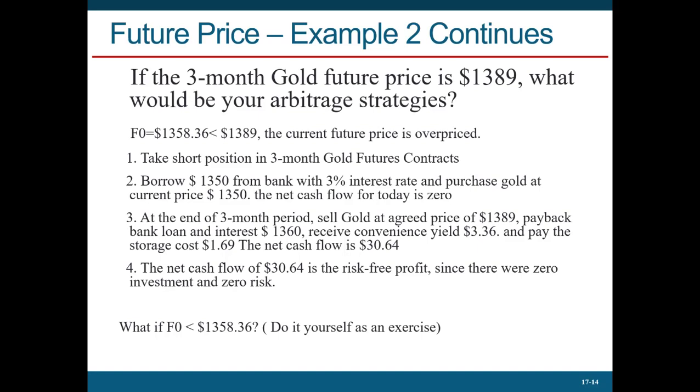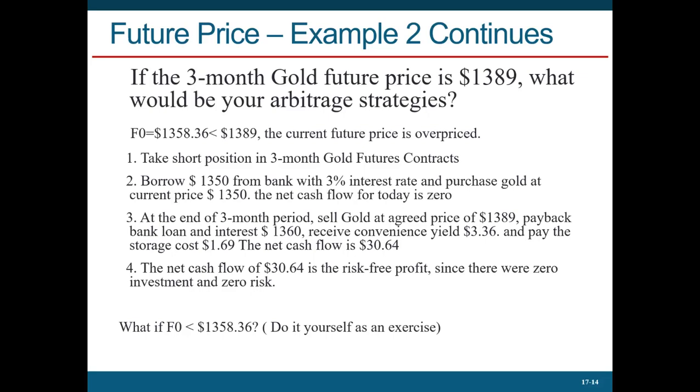Today you borrow money and buy gold, so you have the physical asset of gold, but you also owe the bank money. Overall, your cash flow for today is zero. It's like taking a position in the 3-month gold futures contract, which involves zero cost, initially zero investment for you. And this is a combination.